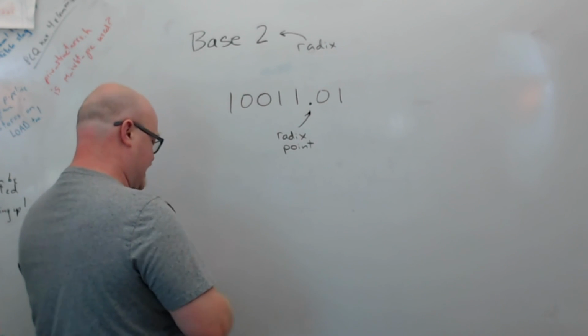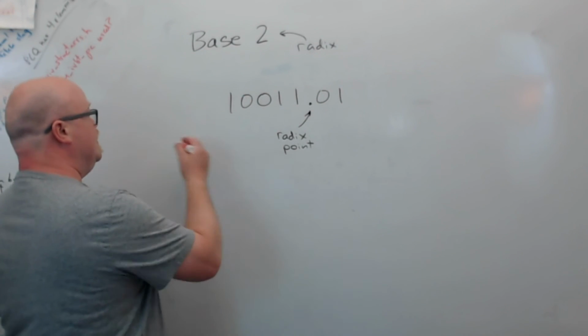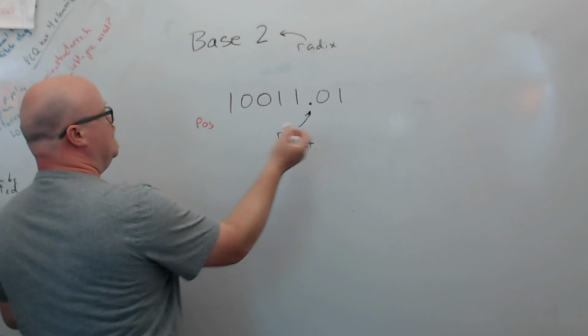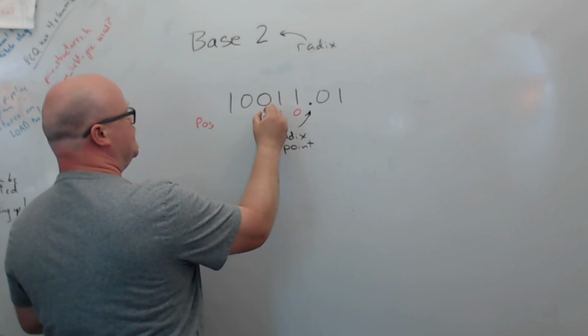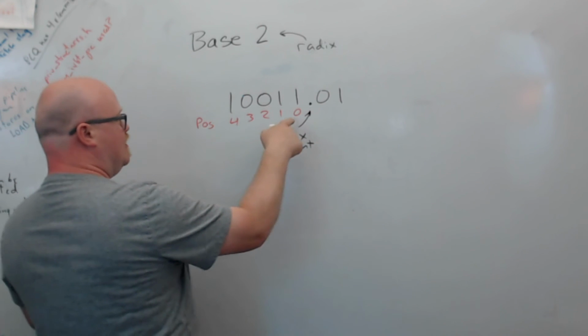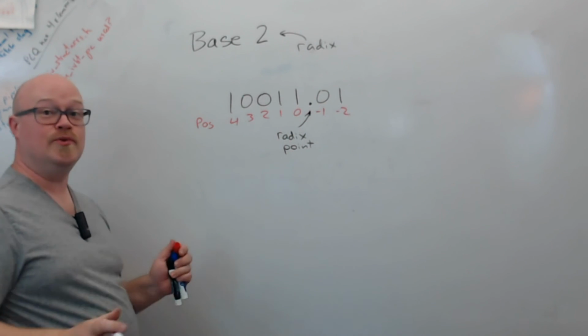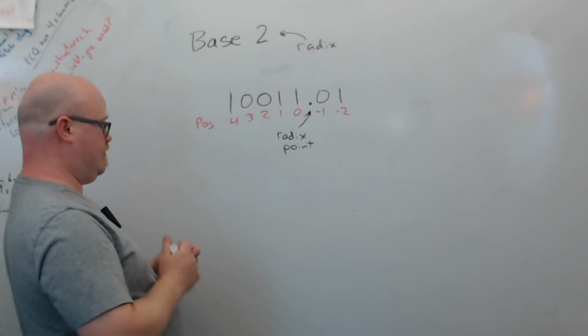So we got to do the same thing that we did last time. Let's start with the positions. This one is the 0th, 1st, 2nd, 3rd, and 4th. But that means going to the right, we go down from 0 to -1 and then -2, just like in our decimal example.